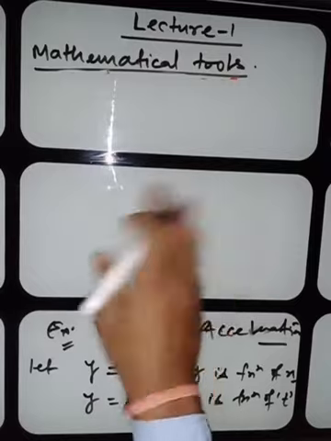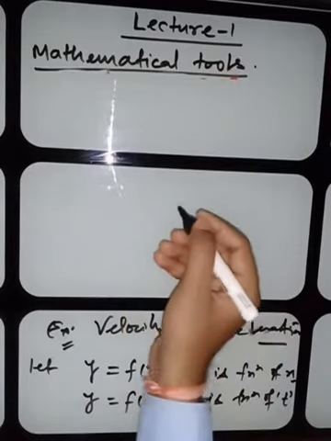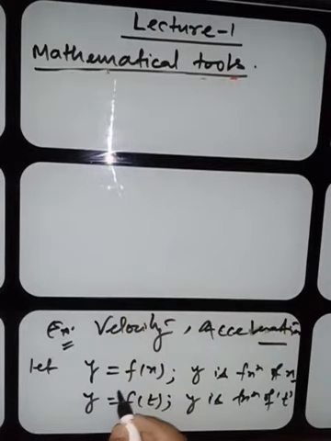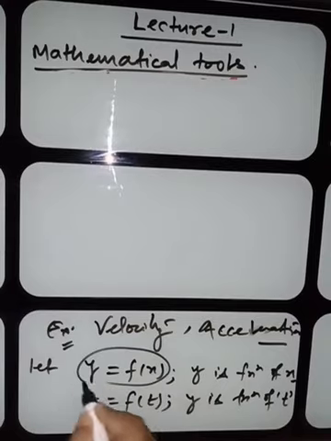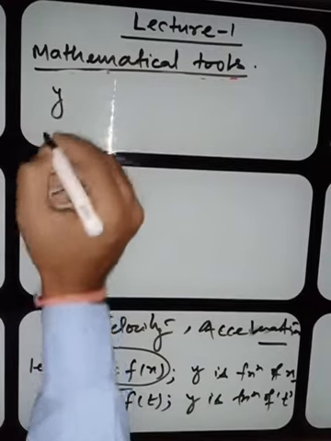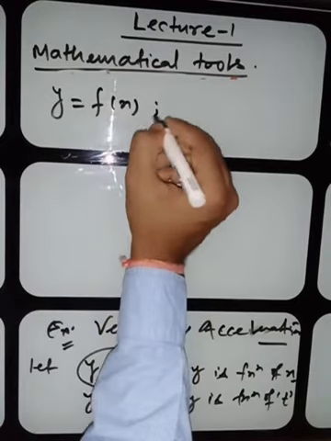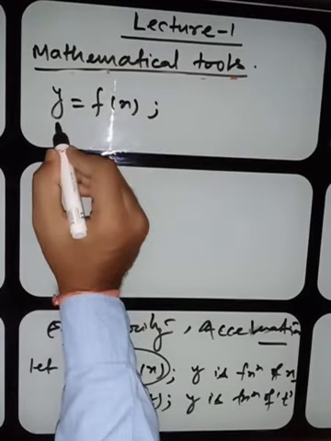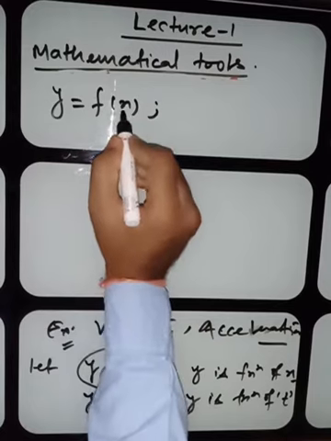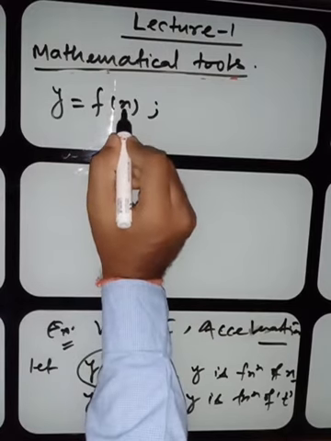Okay, now students, what does it mean by this function? Okay, y is the function of x. If we are writing y is the function of x, it means to represent y we have to use only the terms which are in terms of x.